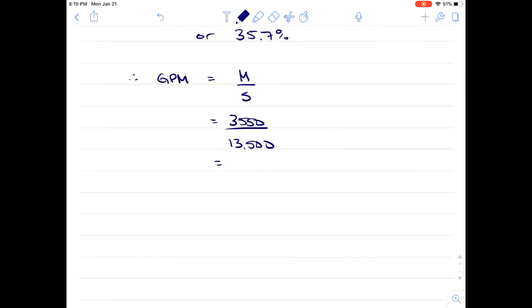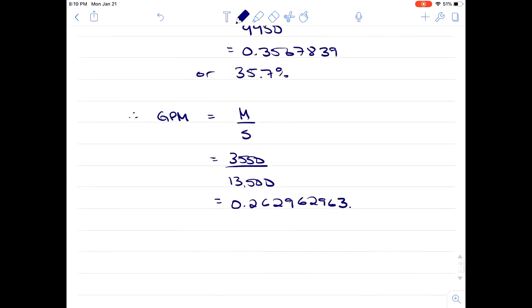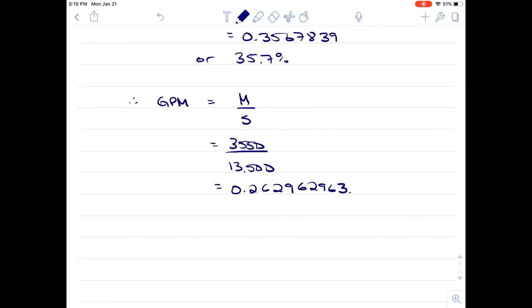So my gross profit margin is 0.262962963. If you wanted to check that they're all related, you could double check using the gross profit margin. You could calculate the ROMU using this gross profit margin, or vice versa, calculate the gross profit margin using the ROMU that you just found. You'll find that they're all in cahoots.